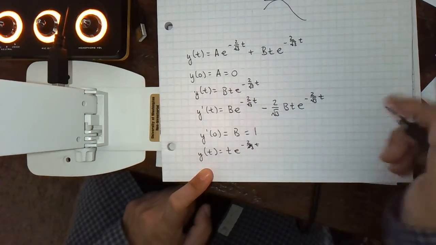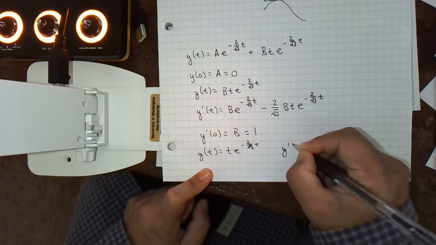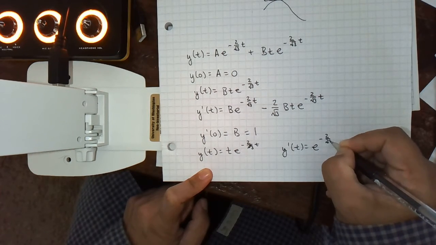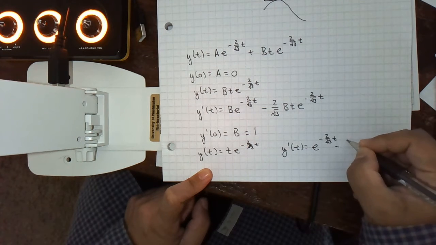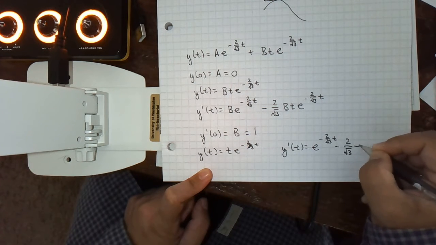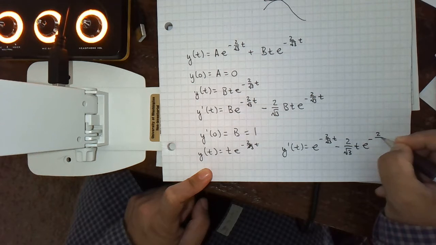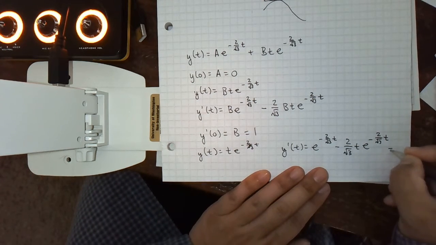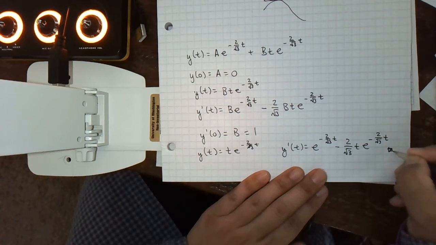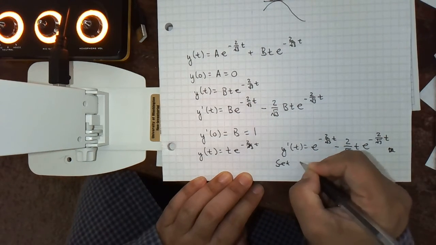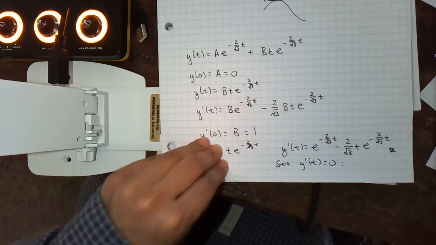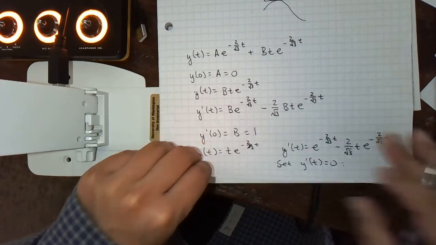And we'll put b into y prime of t as well. Y prime of t is e to the negative 2 over root 3 t minus 2 over root 3 t e to the negative 2 over root 3 t. We're going to set this equal to 0. Let's do this on the next page actually. Set y prime of t equal to 0.